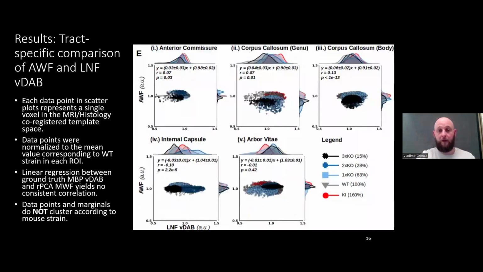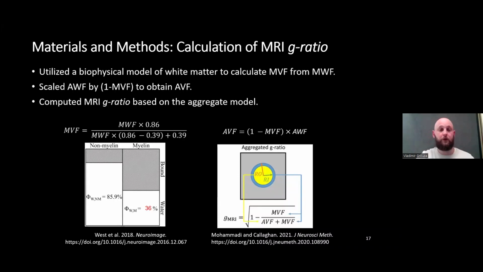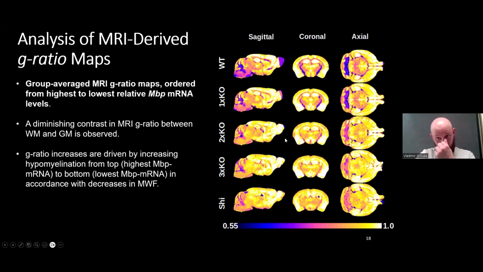So we apply these biophysical models and we compute a G ratio by co-registering our AWF with our MWF as well. We scale MWF to MVF, and we compute axon volume fractions by scaling our axon water fraction by 1 minus MVF. So we can then produce these quite nice looking G ratio maps.